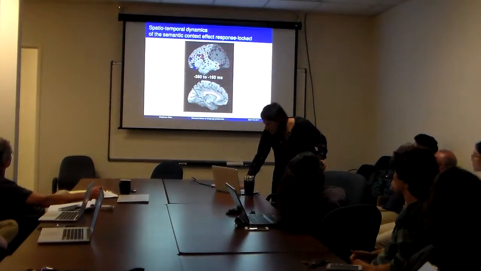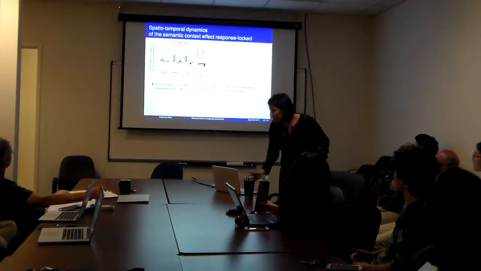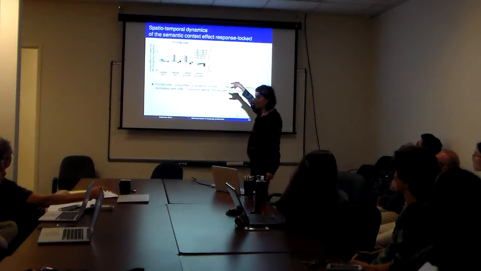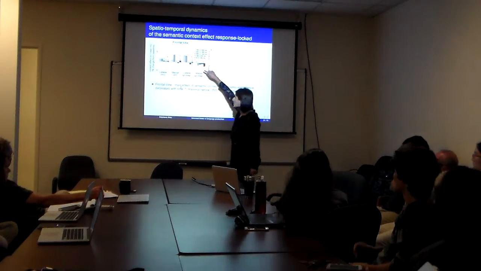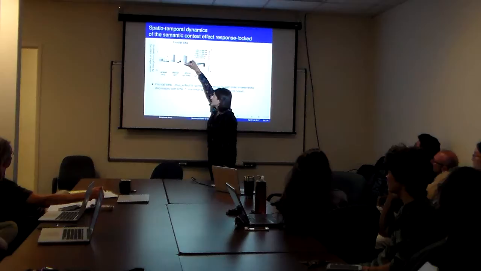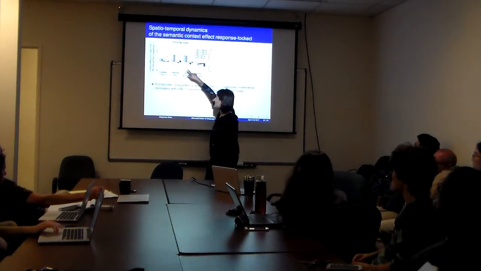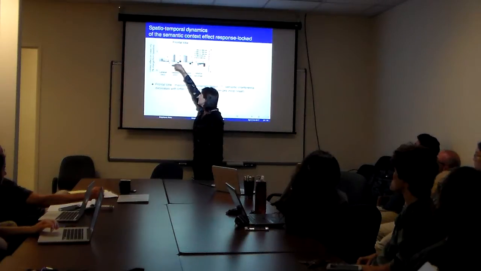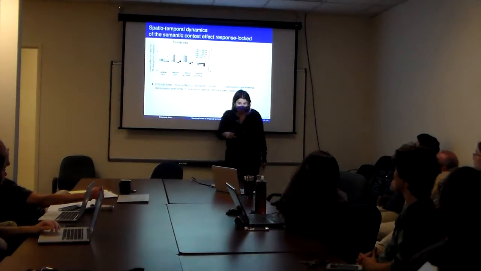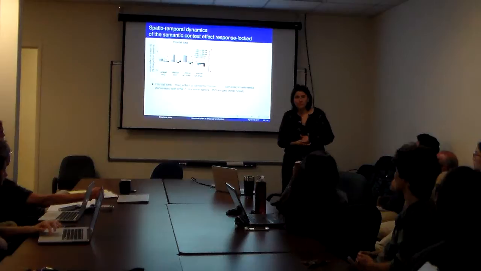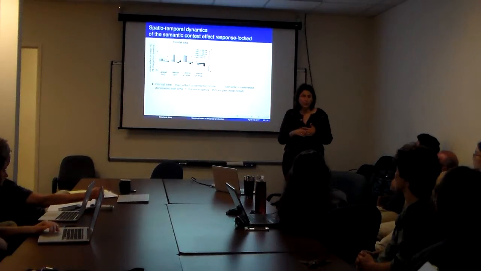And here you see it slide by slide. You can see this really nicely on this plot. This is again showing the interference effect, the positive bars, and the negative bars are the priming effect. And you can see that the interference effect decreases really dramatically after 350 milliseconds prior to vocal onset.